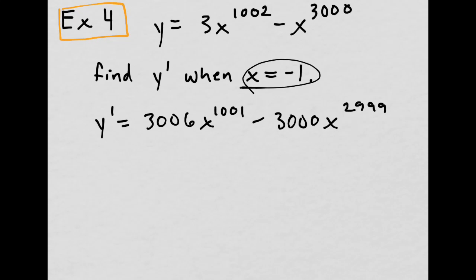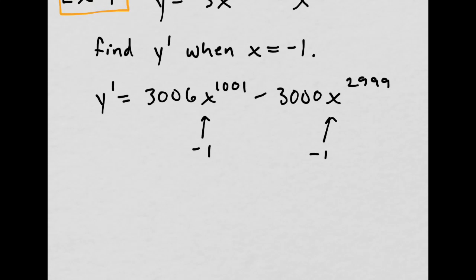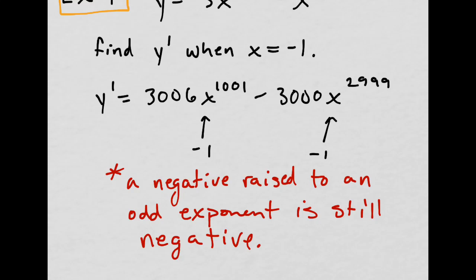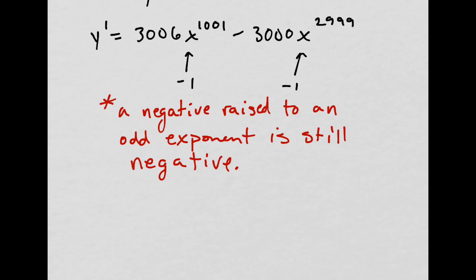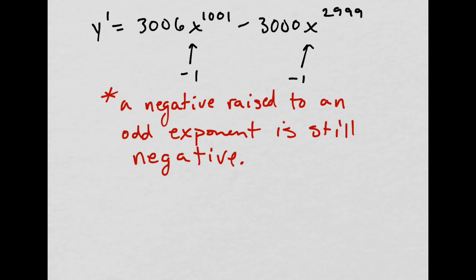Oh, and then it says, what is it when x equals negative 1? I plug in negative 1 in there. That's all I'm doing. Well, negative 1 to an odd exponent is still negative 1. I wrote it down in case you forgot. That's all the way back in Algebra 1, so it's okay if you forget. So y prime is negative 3,006, because that's negative 1 right there.